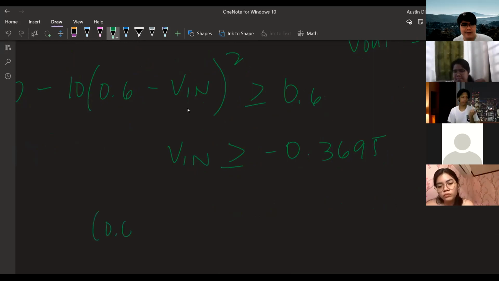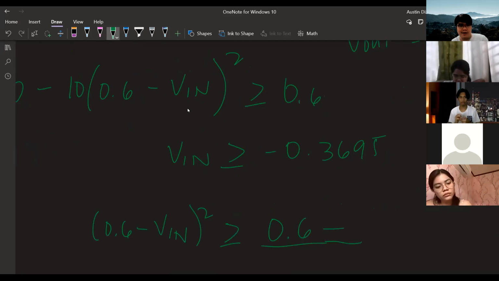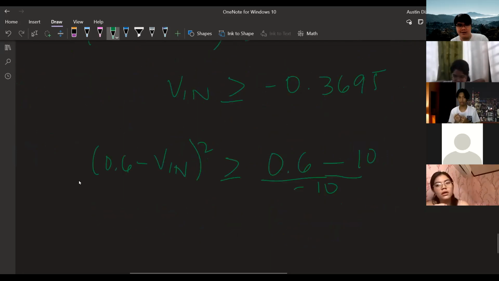So 0.6 minus V in squared greater than 6 minus 10 divided by negative 10. Okay, so square root mo, mas malalabas mo si V in ng normalan.